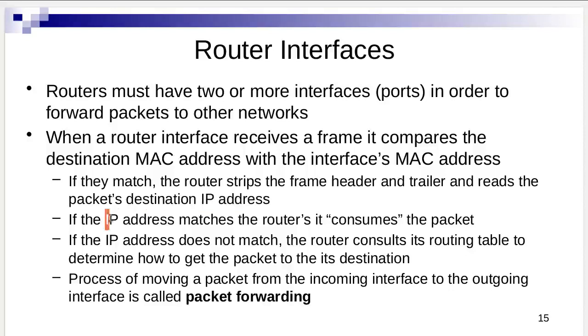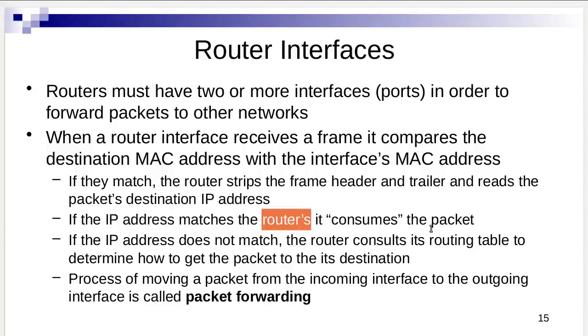So in that case, the IP address in the packet that came inside the frame will match the router's IP address. And so it says, okay, this IP address is same as mine, so this packet is destined for me, and it just consumes that packet.